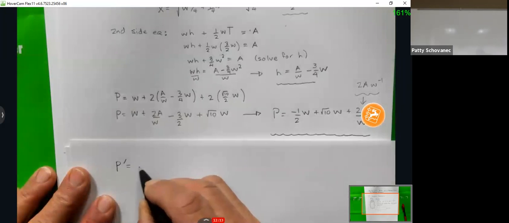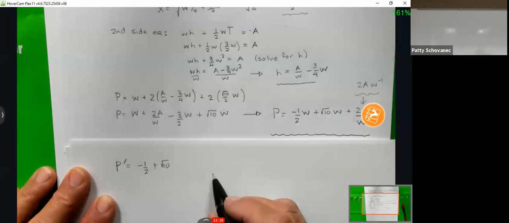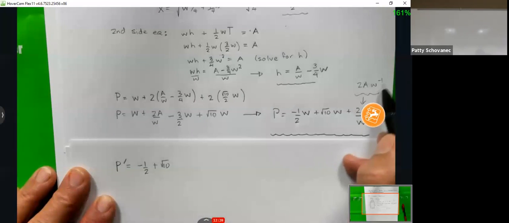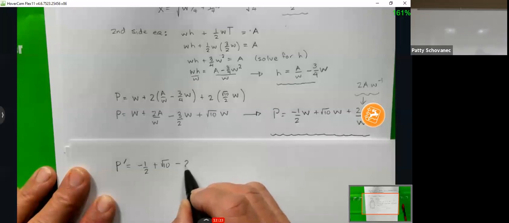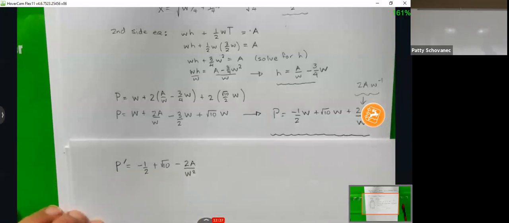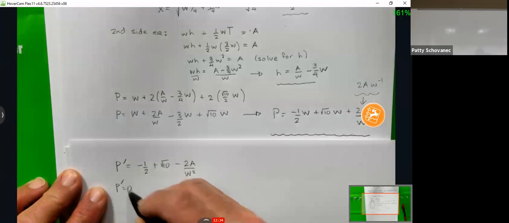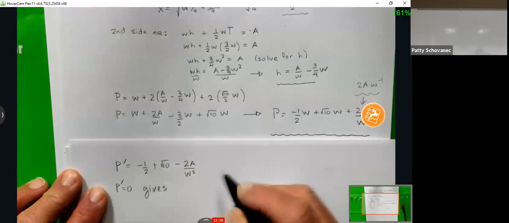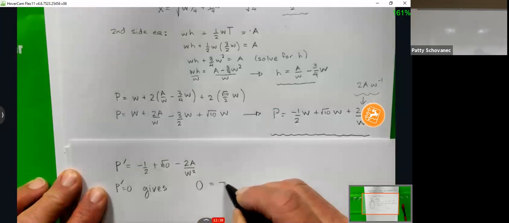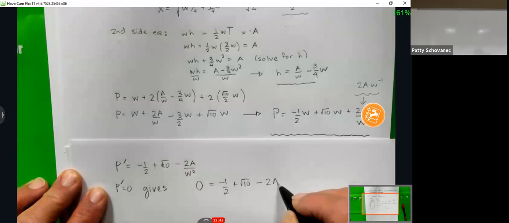P prime is negative 1/2 plus the square root of 10, minus 2A W to the negative 2, which I'm going to put down here as 2A over W squared. Now we're going to replace P prime with 0, and we're going to solve this for W.